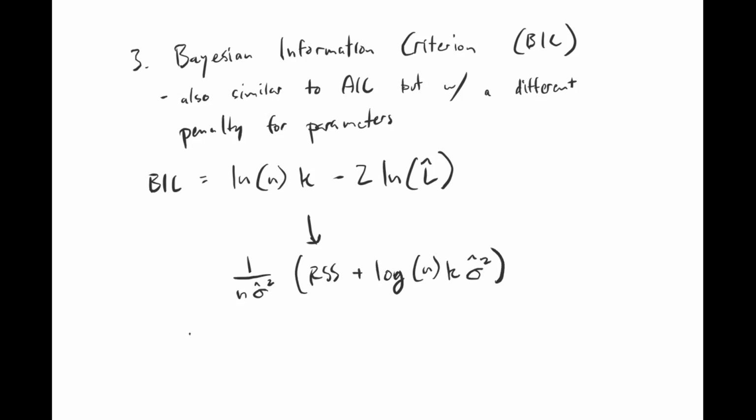So this is better, again, if smaller, and it has a bigger penalty on models with more variables.